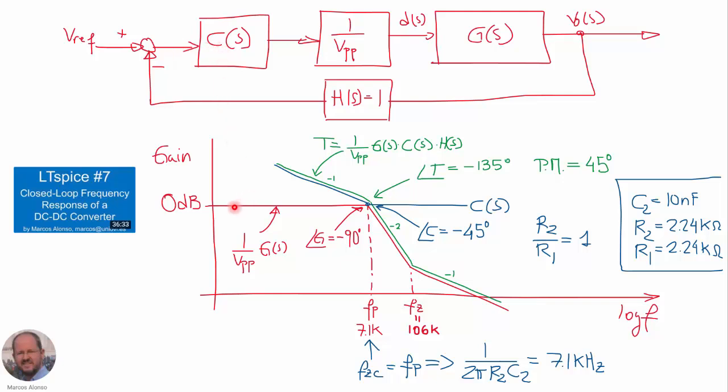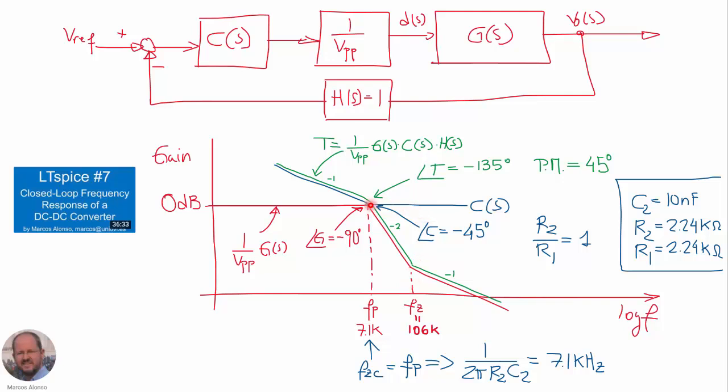So here we have the response of these two blocks that includes the gain of the PWM modulator times the gain of our buck converter. So this is the response in red. We have a double pole here at the resonant frequency of the LC circuit that we have in the buck converter, and this is the 0 corresponding to the ESR resistance of the output capacitor.